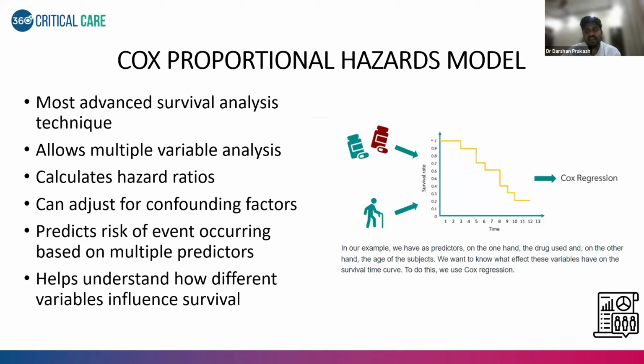This Cox regression actually involves a lot of statistical formulae which have to be analyzed depending on the type of drug involved, when it was given, what the age group of the patient is, whether the patient had pre-existing diseases. All of that can be entered into the statistical data software. Multiple software packages are there like SPSS, etc. They will help us get a Cox regression model, and that will help us understand the survival analysis in the long run. Okay, so these are the various types of survival analysis.